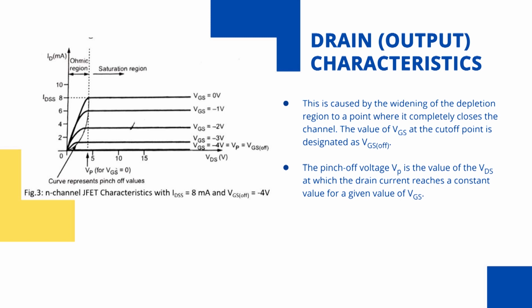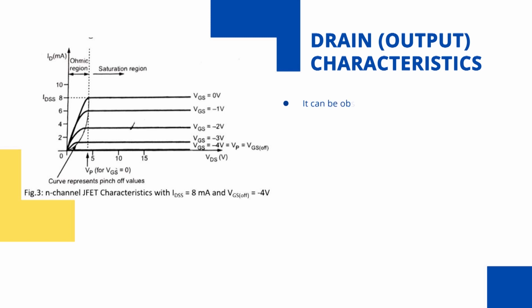So, do not confuse cutoff with pinch off. The pinch off voltage Vp is the value of VDS at which the drain current reaches a constant value for a given value of VGS.